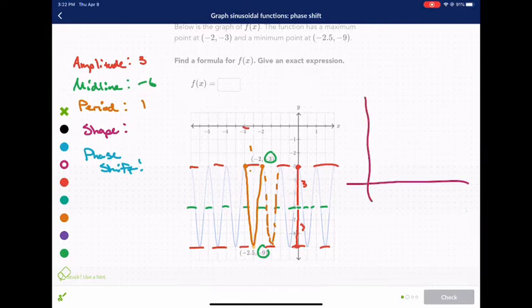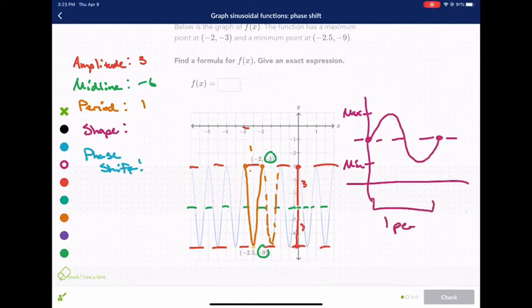Now what about the shape? If you look at the area that I just highlighted, you might be able to guess. In general, sine starts at the midline, goes up and comes back down, and then goes back up again for one period. Cosine, though, starts up at the max, goes down and then comes back up again for one period. If you look at the graph that I highlighted in yellow here, we started at a max. That's the maximum value, you go down and come back up.